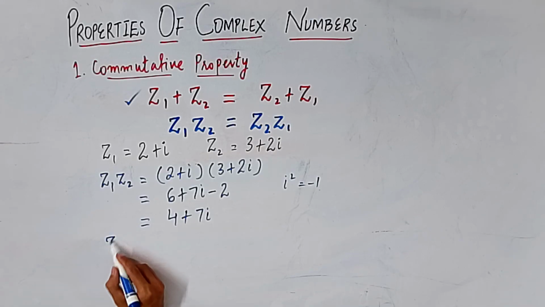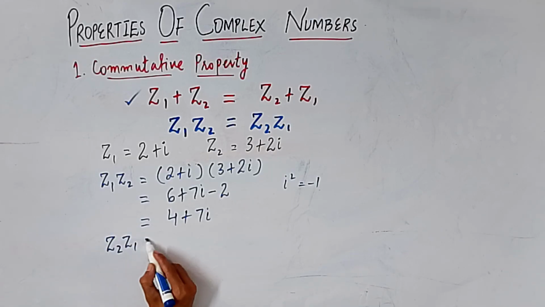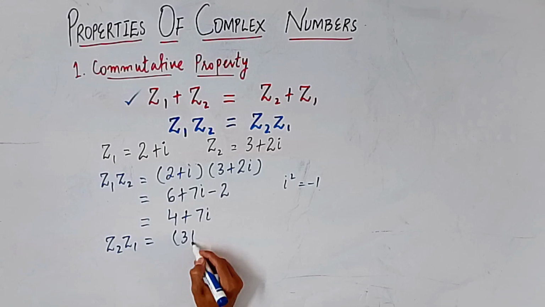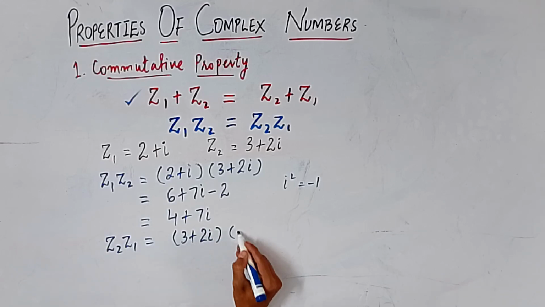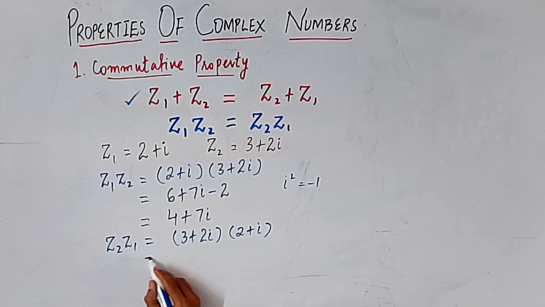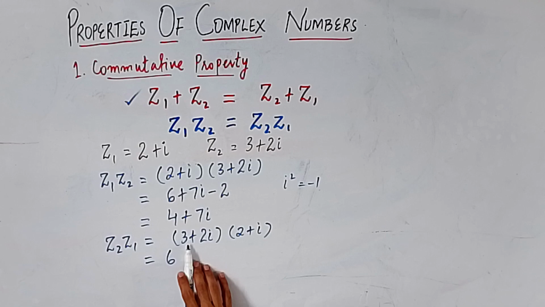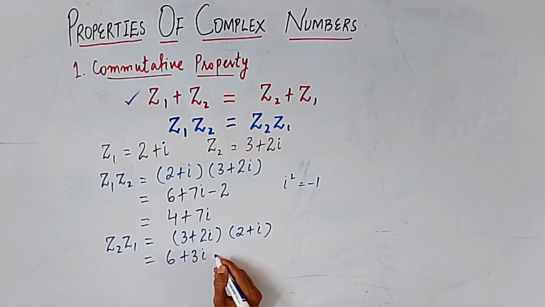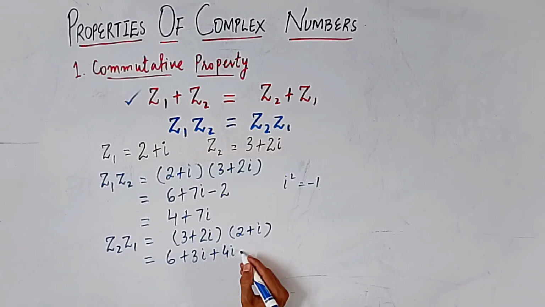Now let's change the order: z2 multiplied by z1. Now you will write 3 plus 2 iota first and 2 plus iota later. You can see it will not change the answer. 3 times 2 is 6 again, then 3 iota, then 2 times 2 iota is 4 iota, and then again 2 iota square, which will be minus 2.